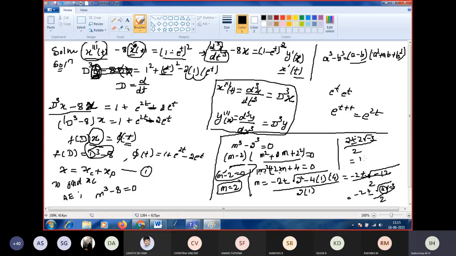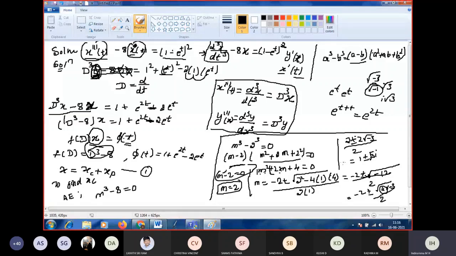We obtain 1 plus or minus root of minus 3. Minus 3 can be written as minus 1 into 3, so root 3 as it is, and square root of minus 1 is i. Correct? i root 3.